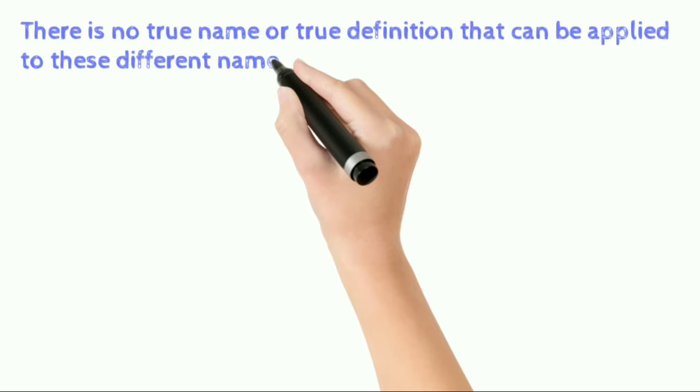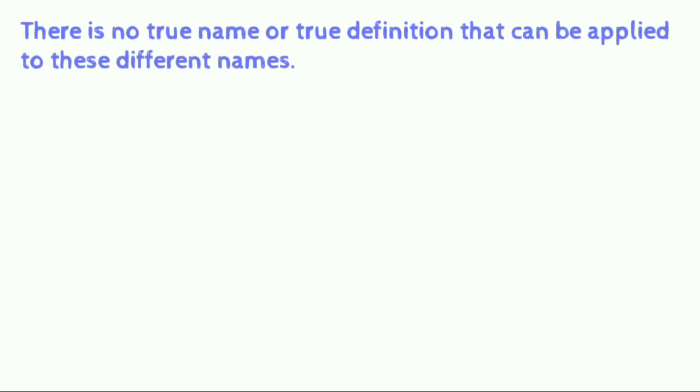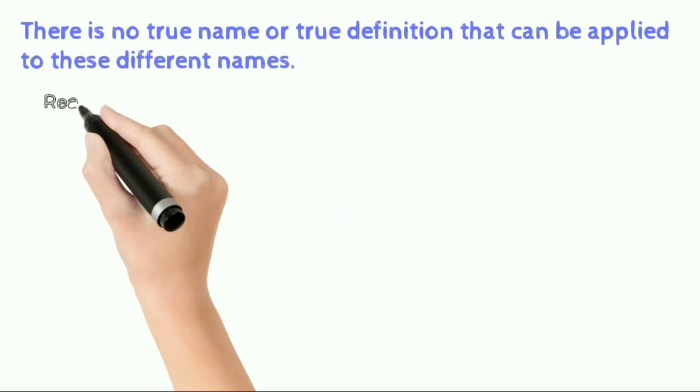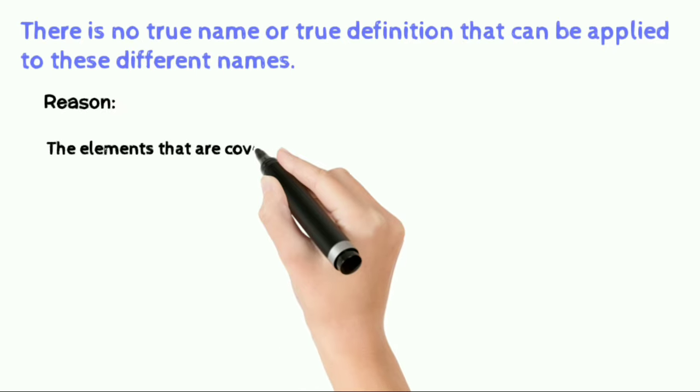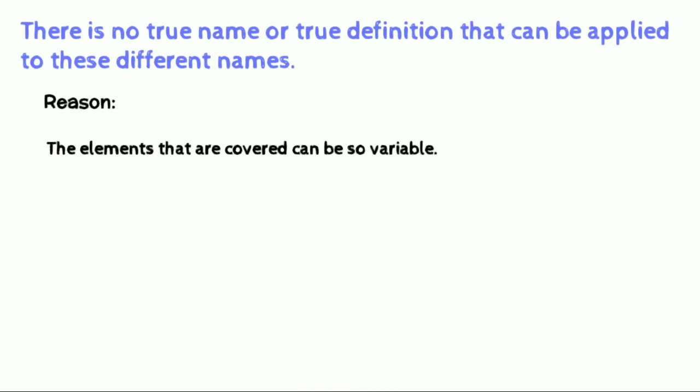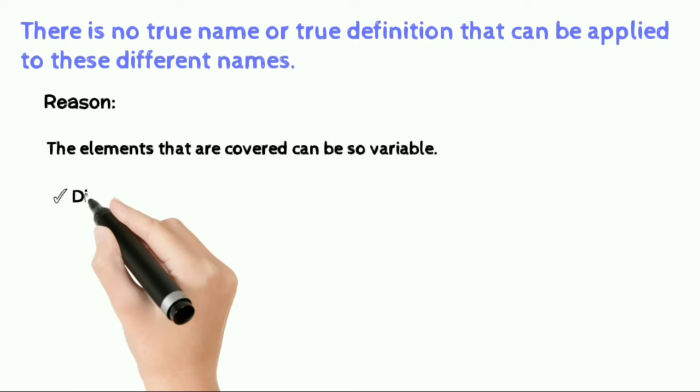Yung mga different names na tinutukoy ko dito ay yung logistics, physical distribution, materials management, etc. Because the elements that are covered can be so variable. Meaning to say, wala tayong true name or true definition na pwedeng i-apply sa mga different names na to kasi nga yung mga elements na covered nito ay iba't iba.